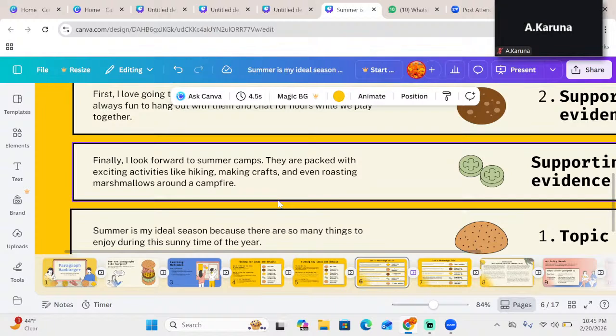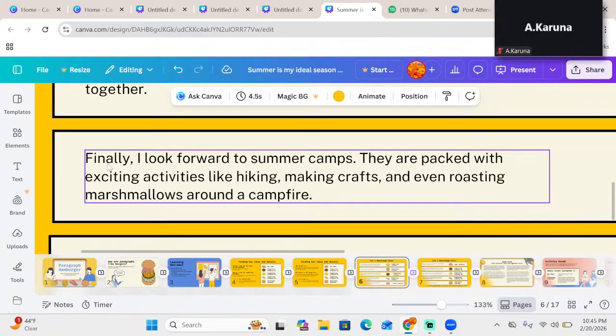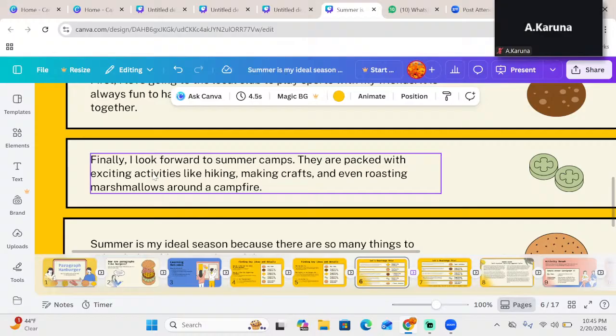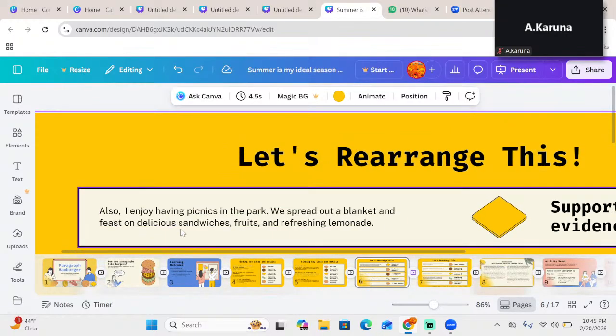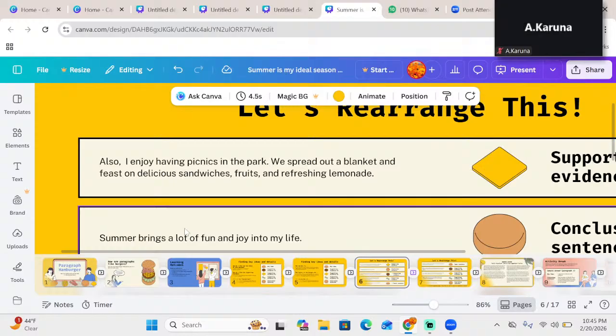But another hint here in the order it comes in is the first word again. It says finally. What does finally mean? Finally means at the end or last, right? So this is not your second supporting sentence, but this one is. The first one that we read, also, I enjoy having picnics in the park. We spread out a blanket and feast on delicious sandwiches.